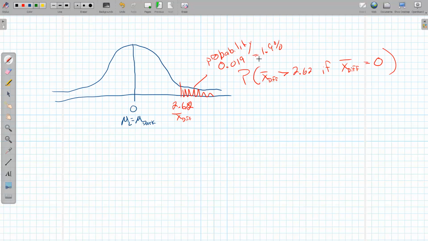So what does that mean? So two things. I want to just explain what this probability means again in more plain language.